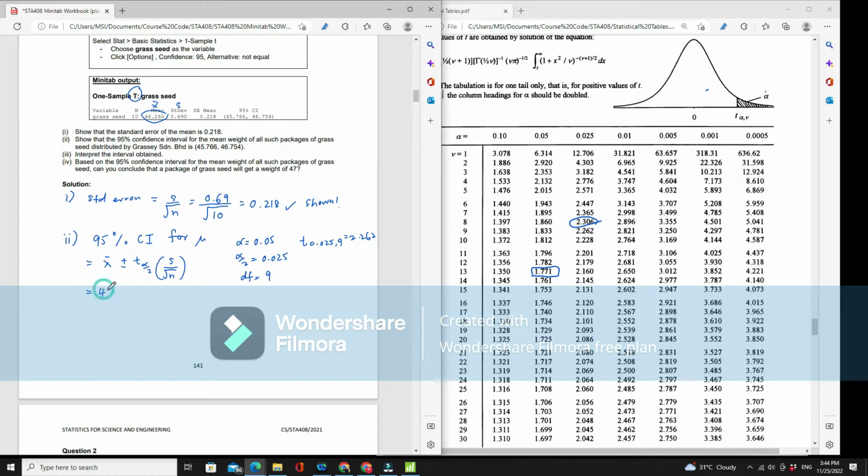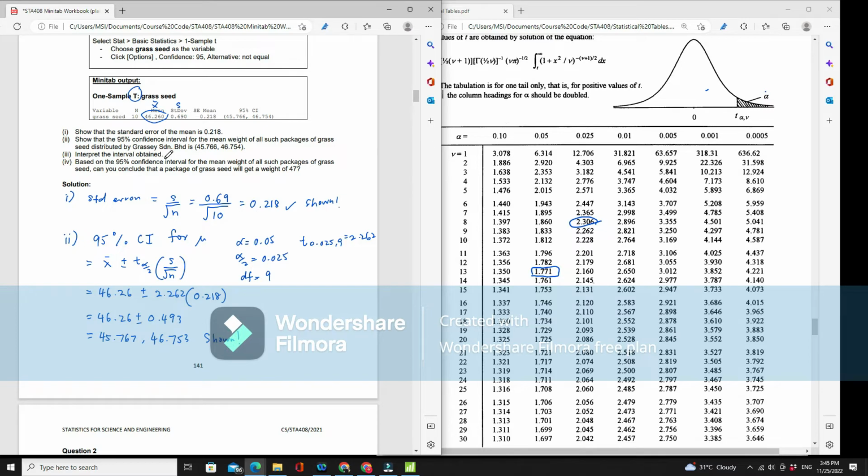So 62.26 plus minus 2.262 times standard error 0.218, plus minus, shown.